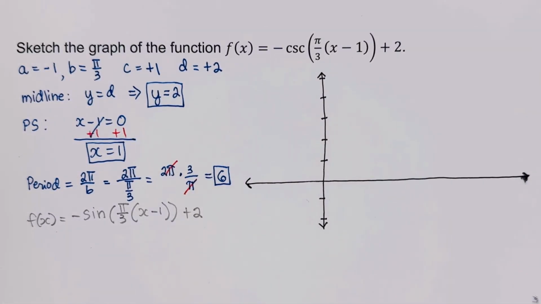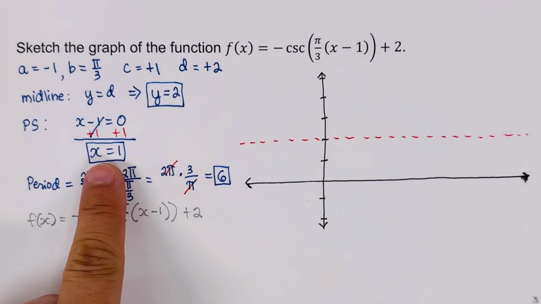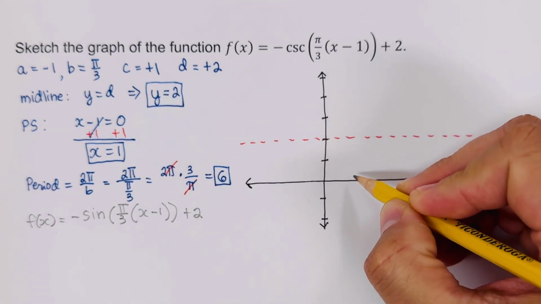We're going to set up our midline, which is located at y equals 2. Looking at our phase shift, it's located at x equals 1. So this is our x equals 1 right here.